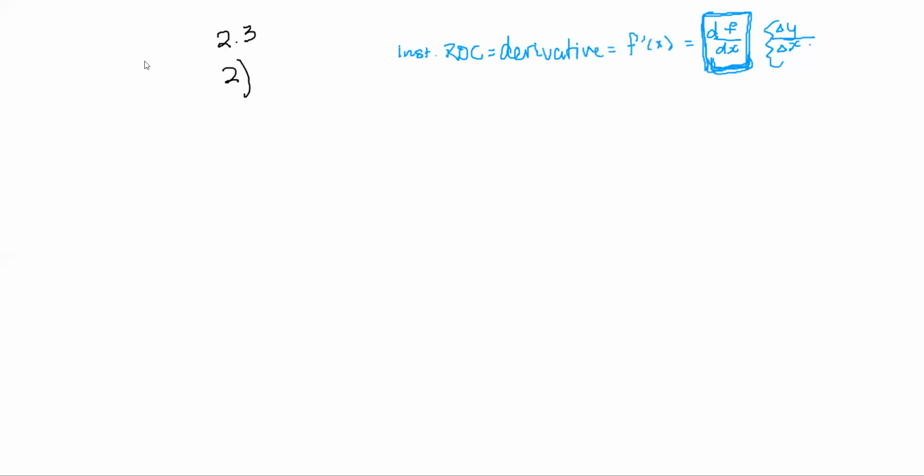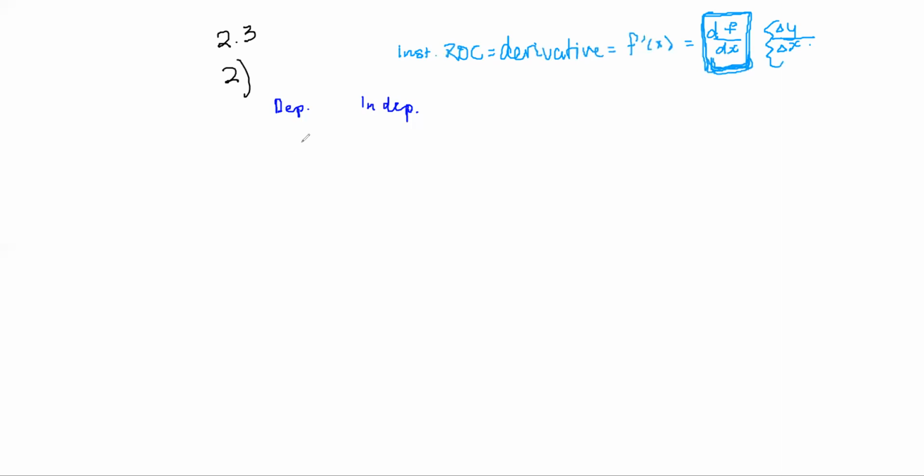I would start by asking myself what the original function is. What is my dependent variable? Any ideas? Okay, so my dependent variable is the one that's going to change in response to the independent variable, and the independent variable is not going to change.